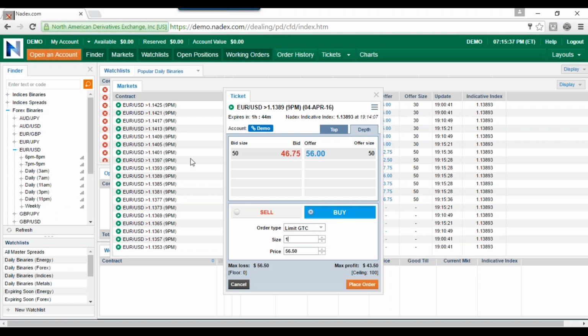So yes, with just a few pips of movement in the right direction, you can have a great risk to reward ratio and a great return on investment. But just 1 pip or even 1/10 of a pip against you can cause the binary to be worth 0 at expiration. Again, yes, you can exit early, but what we're talking about right now is expiration.